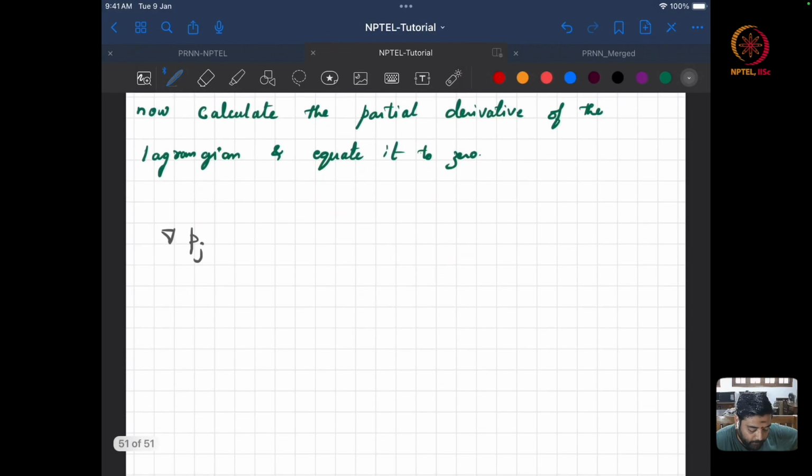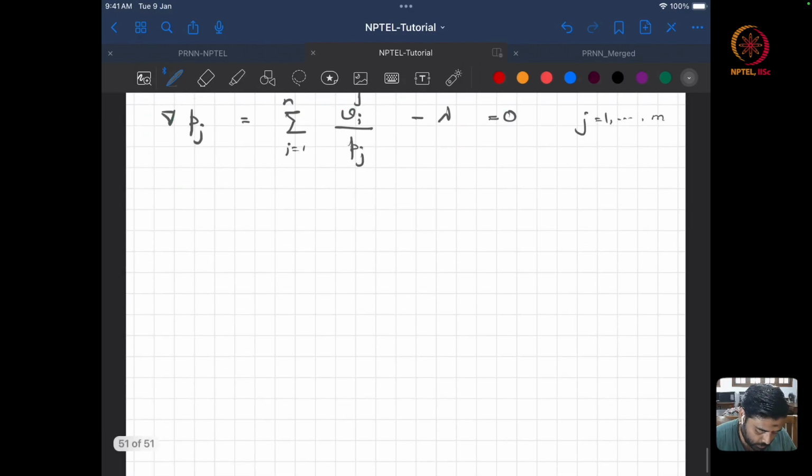So this will be the summation over all the examples i equals 1 to n of Vij divided by Pj, minus lambda, equal to 0 for all j equals 1 to m. So it's for all j; finally it will be a parameter vector. Now if you get this, Pj equals 1 over lambda times the summation i equals 1 to n of Vij.